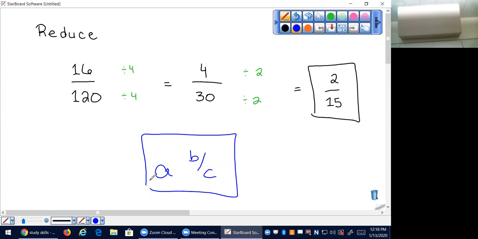How would you punch it in again? Yeah, 16, then tap the key, and then 120, and then equals, okay, and then press it again. Anyone else want help calculator wrangling?